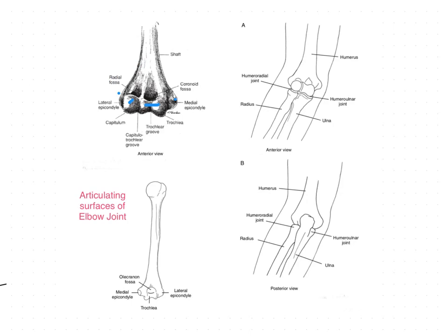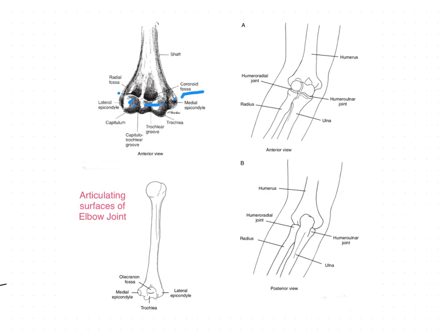Above this trochlea, some indentations are present. Above the trochlea, you will have a fossa called the coronoid fossa, and above the capitulum, you will have the radial fossa. So these are the things we have seen on the anterior aspect of the lower end of the humerus.